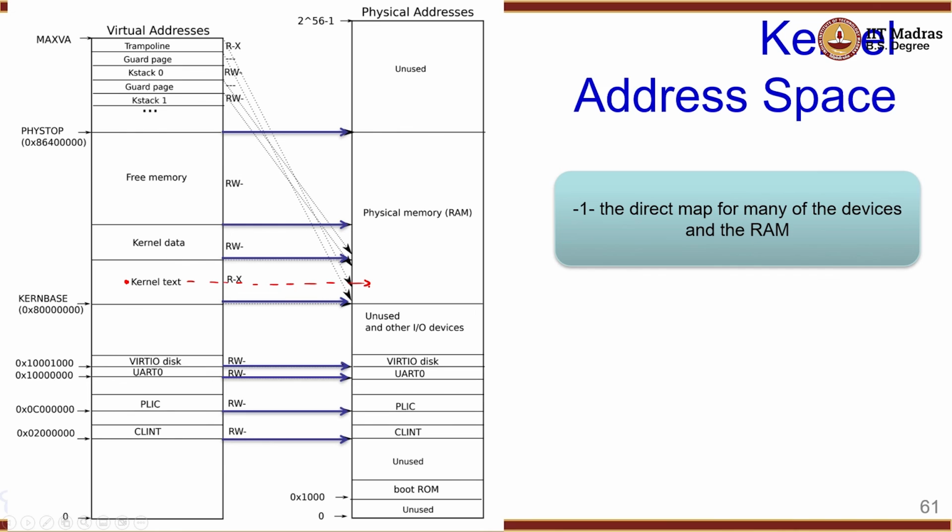Similarly, an address over here in say kstack 0 is also converted to the physical address. So what it means is that for this physical address present over here, there are two ways to access it, either through this virtual address say v1 or by a virtual address say v2. So how is this possible?